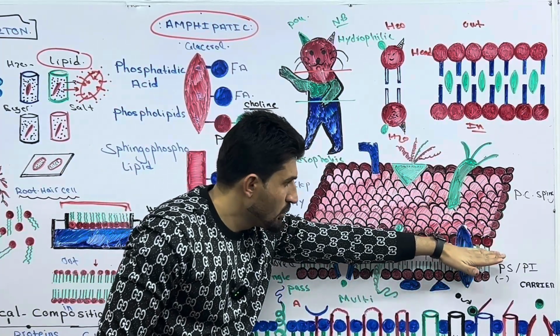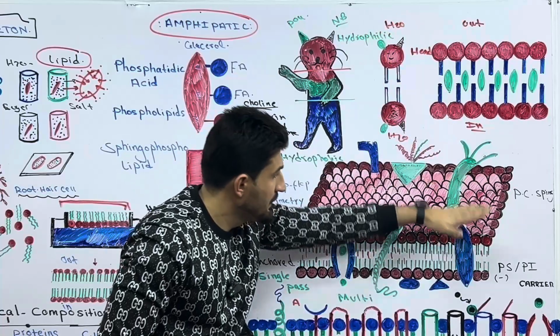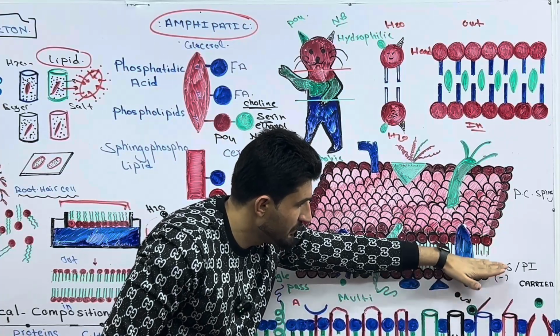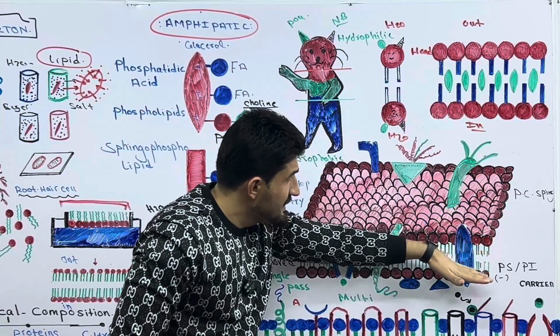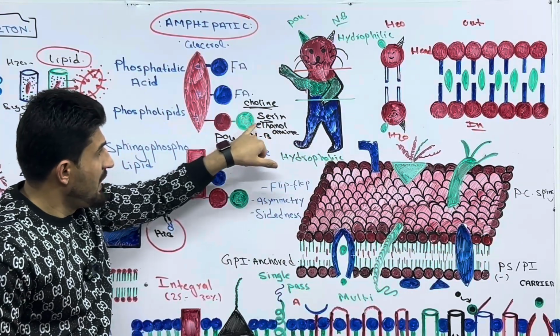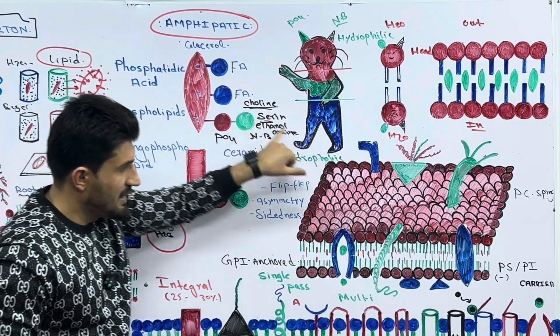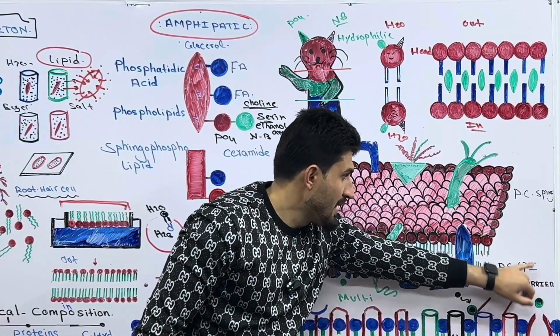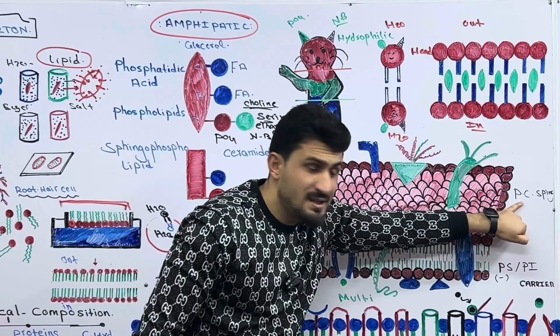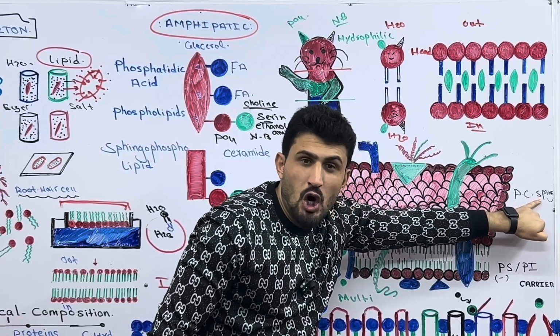In a cell membrane, or in the fluid mosaic model, we have the inner leaflet and the outer leaflet. The inner leaflet is made of phosphatidylserine and phosphatidylinositol, and the outer leaflet is made of phosphatidylcholine and sphingomyelin.